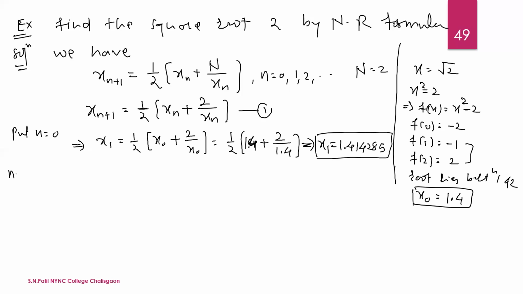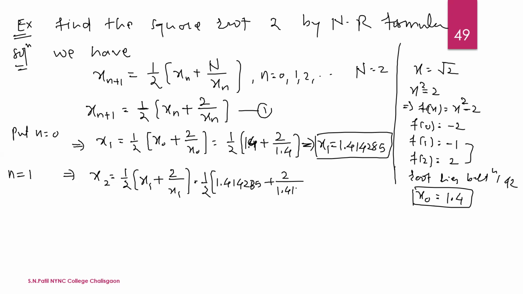Now put n is equal to 1 in equation number 1. That is x suffix 2 is equal to 1 by 2 x1 plus 2 upon x1 is equal to 1 by 2 of 1.414285 plus 2 upon 1.414285.